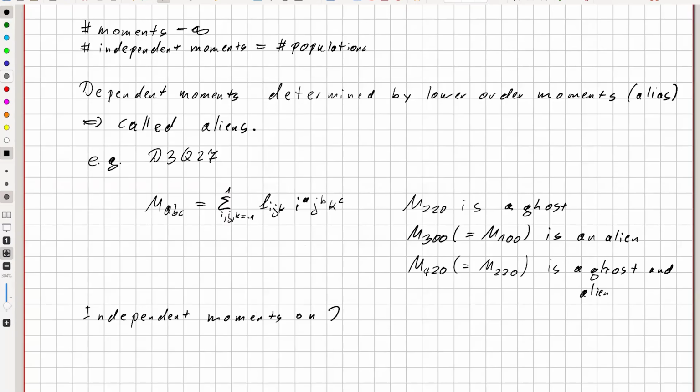So for example, the D3Q19, which is a very common lattice. I remember once being asked, so determining the moments for a lattice, how do you actually know? And I said, I look at the lattice and write down the moments.